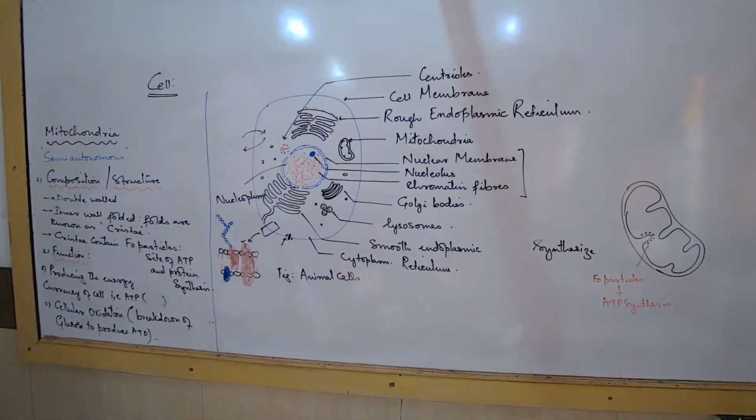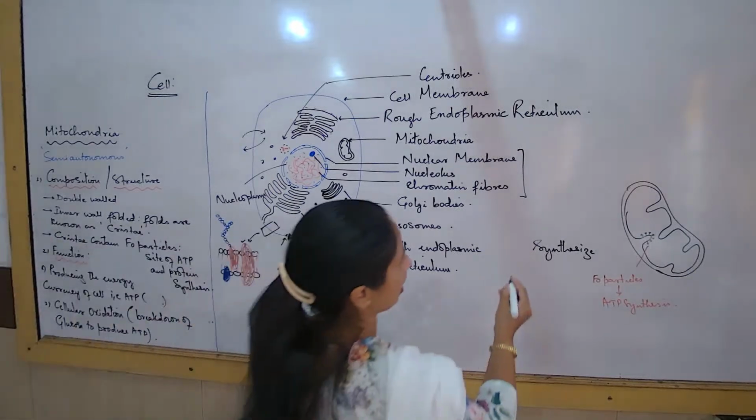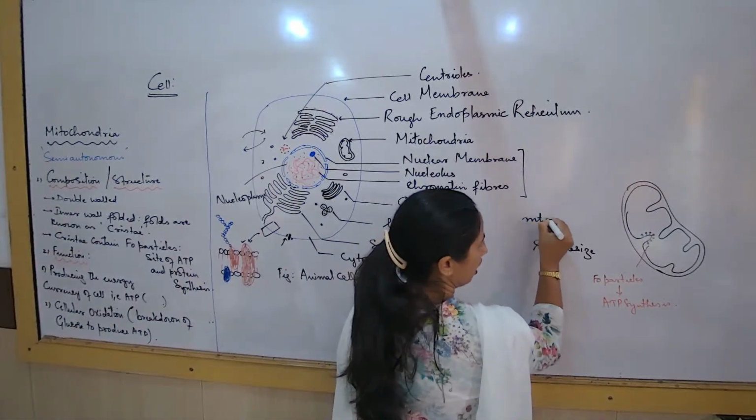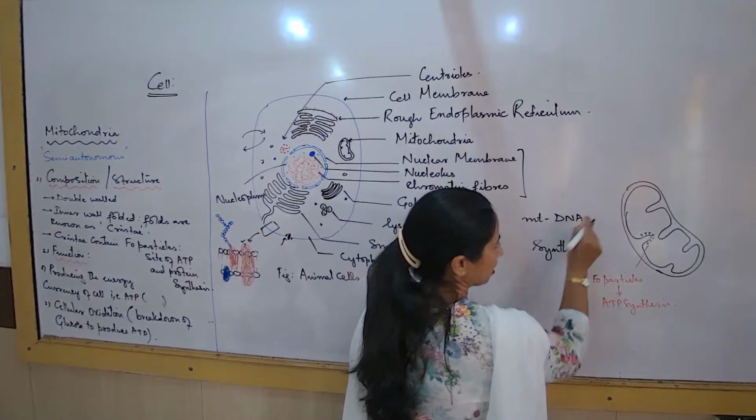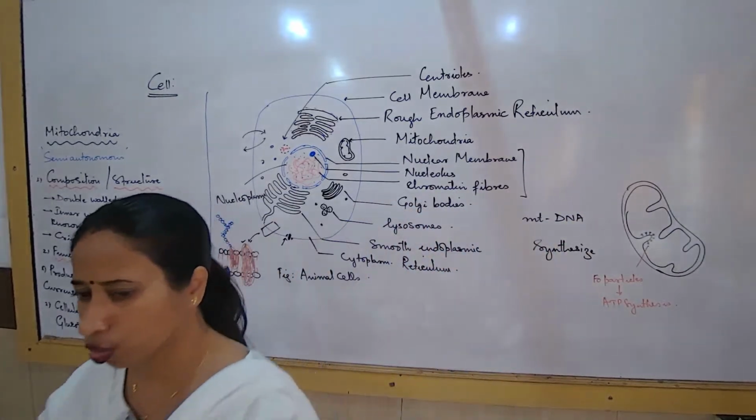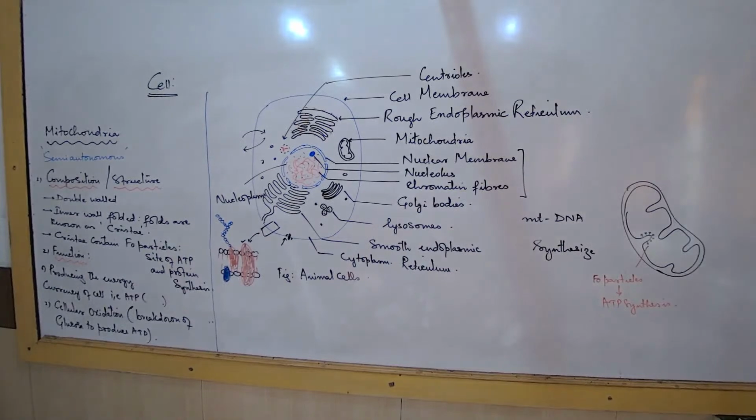What did I dictate? First the question and the answer. The mitochondria is known as a semi-autonomous organelle because it has its own DNA, known as mitochondrial DNA, which carries information.